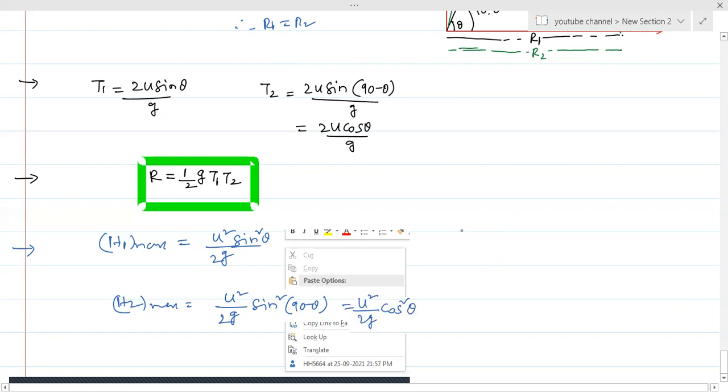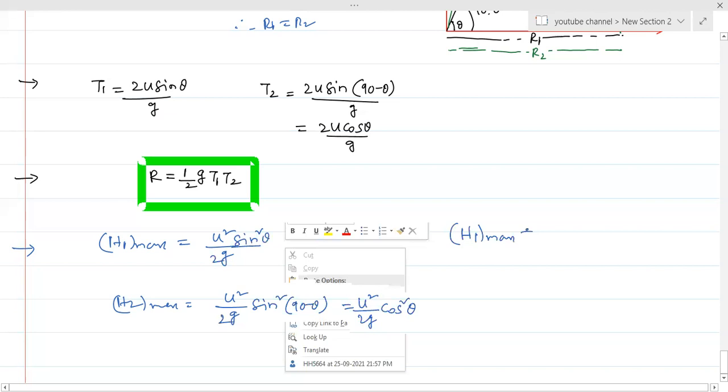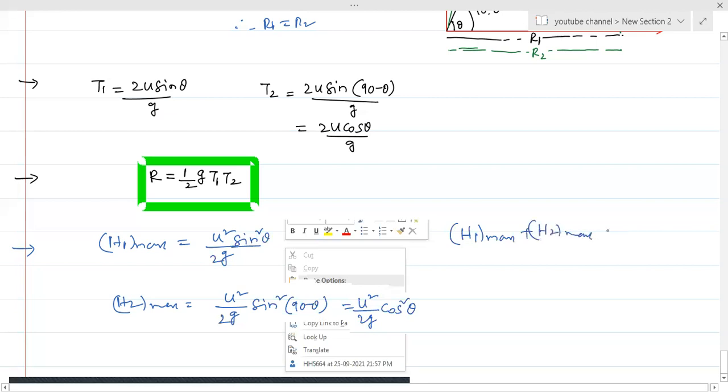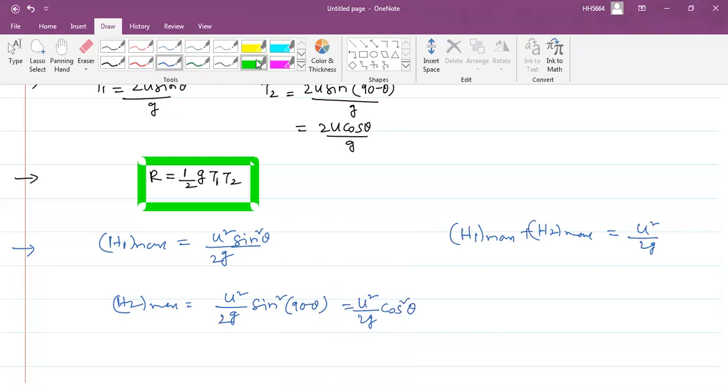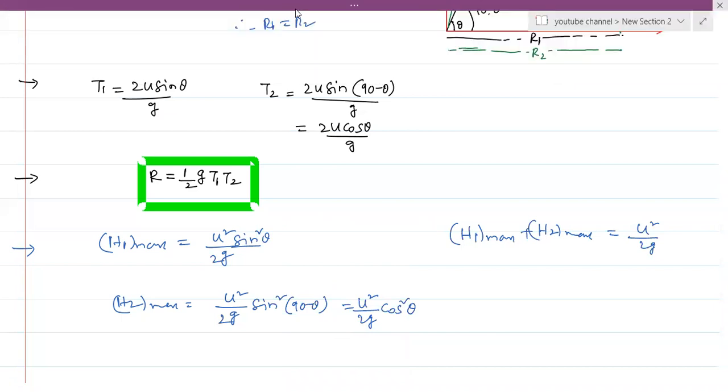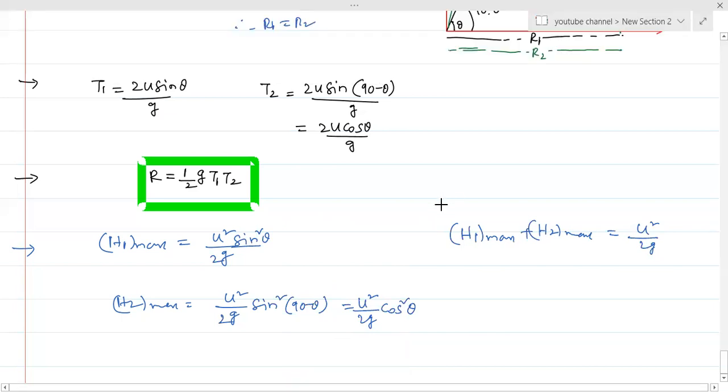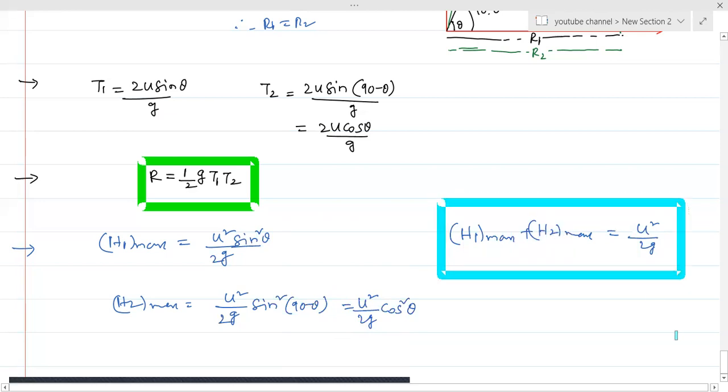By adding these two, we get H1 maximum plus H2 maximum equivalent to u square by 2g. So this is one of the important relations for complementary angles.